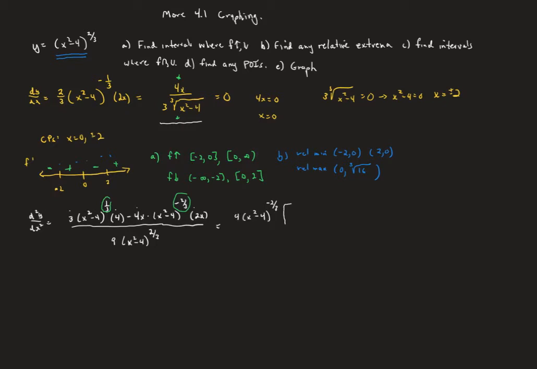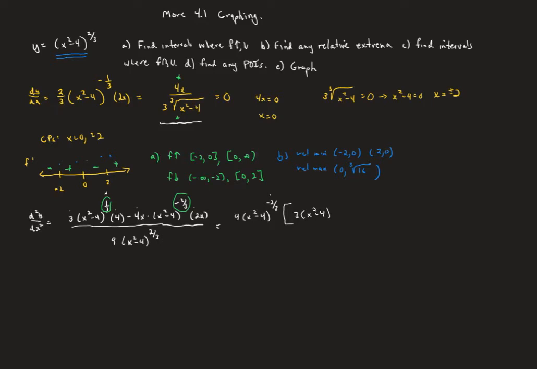Now let's see what we've left behind. So we took out the 4, the 3 is still there. So we have our 3. Now when we take out the negative 2/3 exponent, that's like dividing this by (x squared minus 4) to the negative 2/3. To divide by that means we're going to subtract the negative 2/3 from the 1/3, which is going to make that be a much nicer (x squared minus 4) to the first.